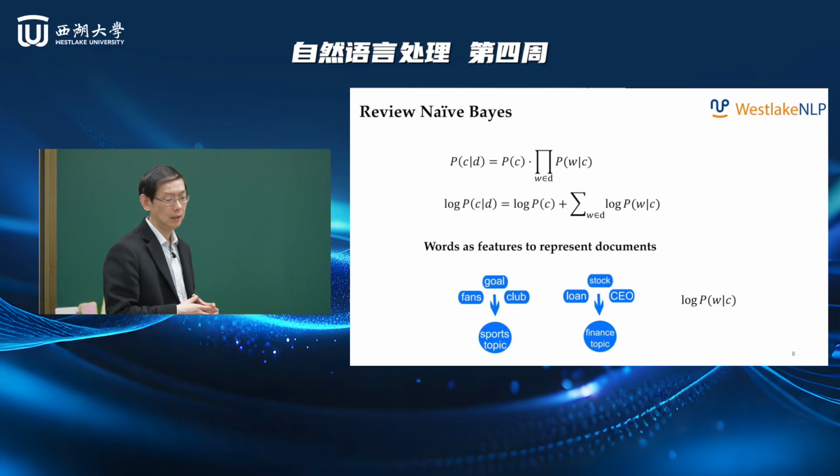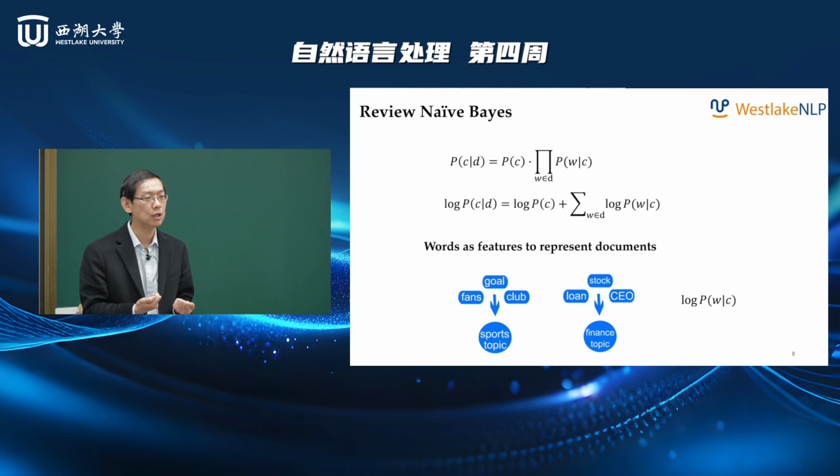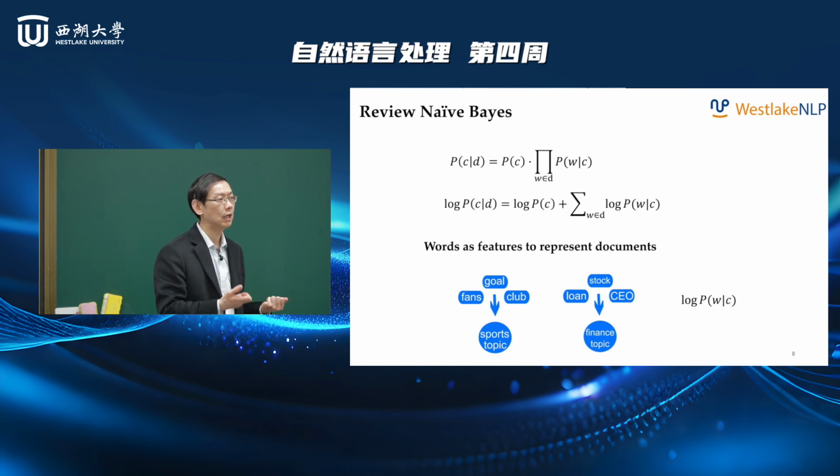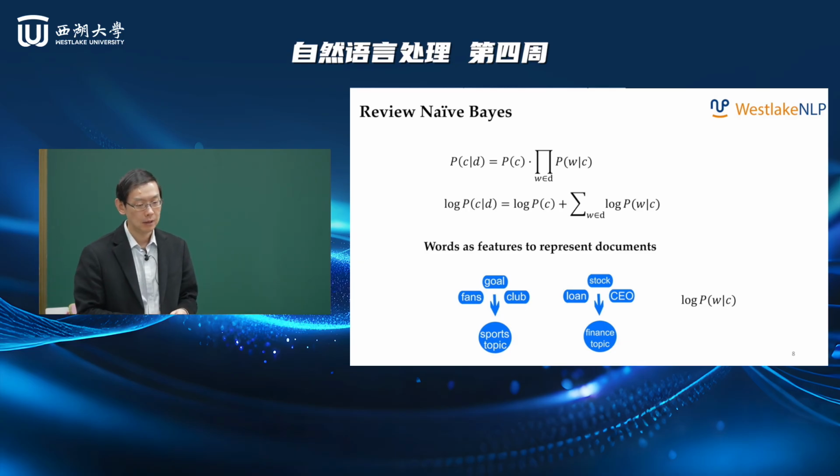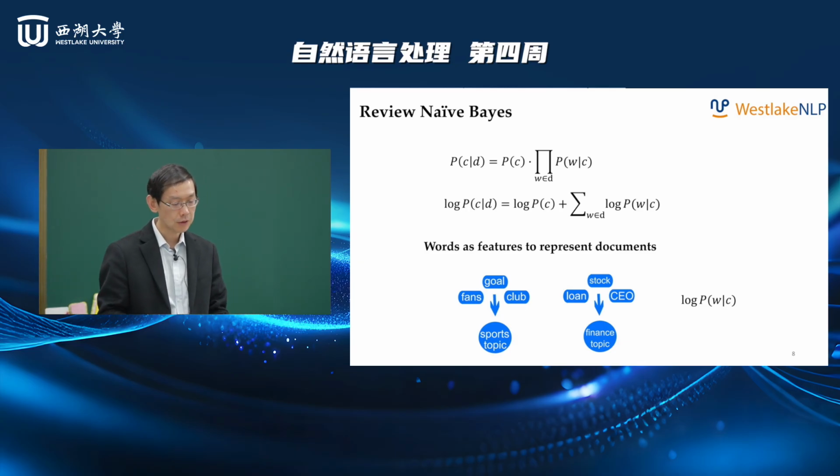And similarly, if you have a lot of things like club, fans, this is more likely to be sports news. So you make use of the association between words and class labels to make decisions in your naive Bayes classifier, which means that words are actually indicative of the semantic meaning of your document.